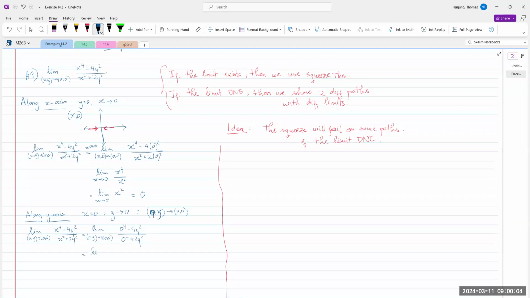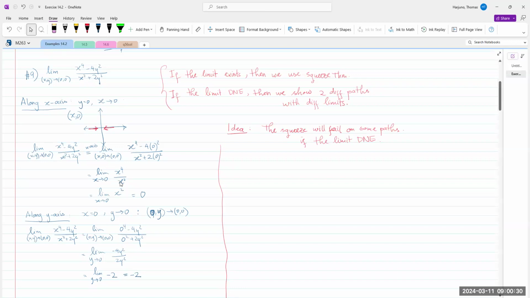That is the limit as y goes to 0 of negative 4y squared over 2y squared. Notice that I still need to write the limit, because what I did there is cancel the y squared, but I'm not applying y equals 0 yet. This then equals negative 2.